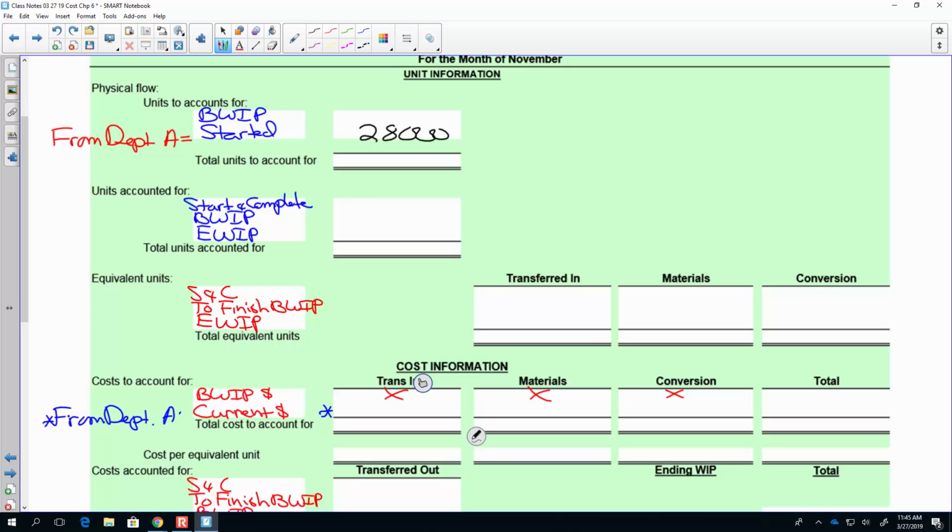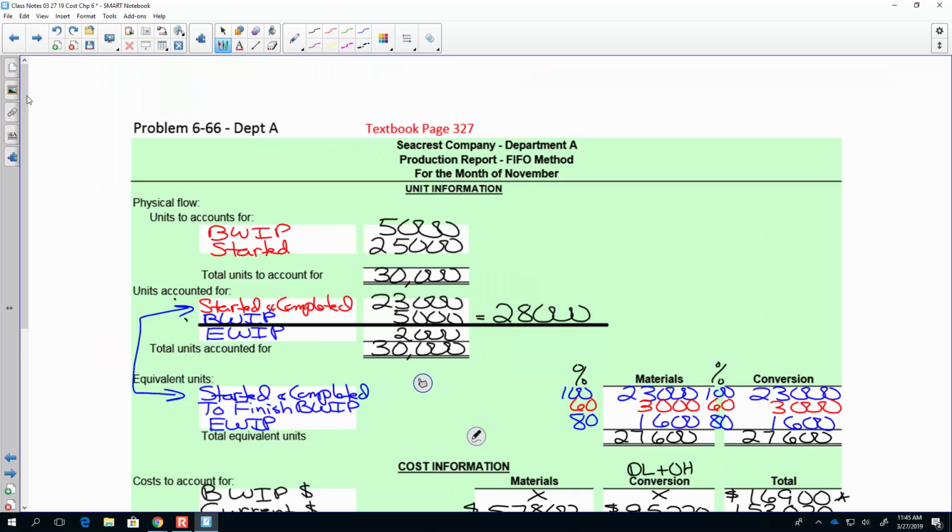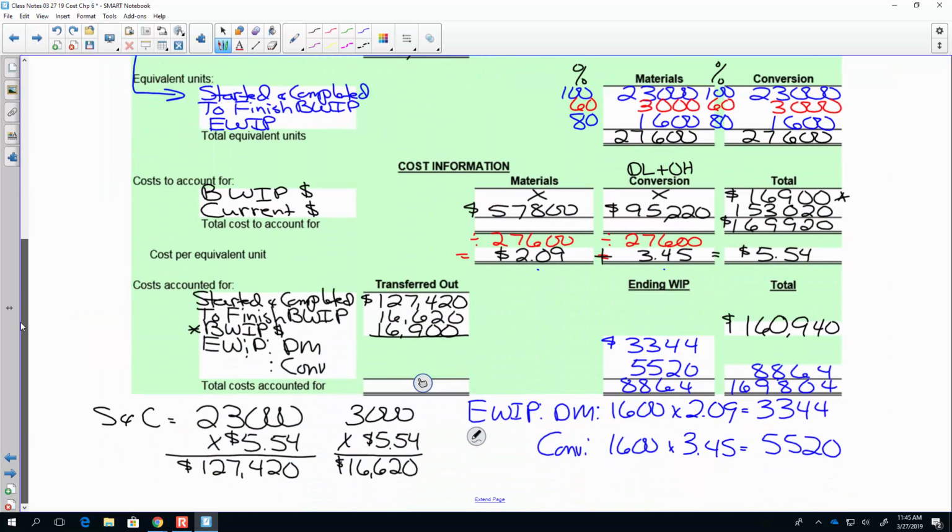These were the units completed in A and transferred to B. What is the cost that was coming over from A? 169.40, right?